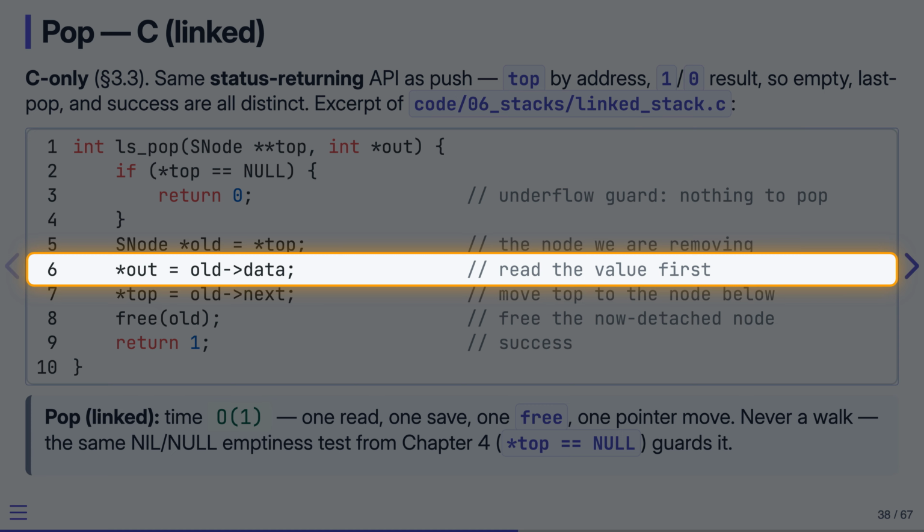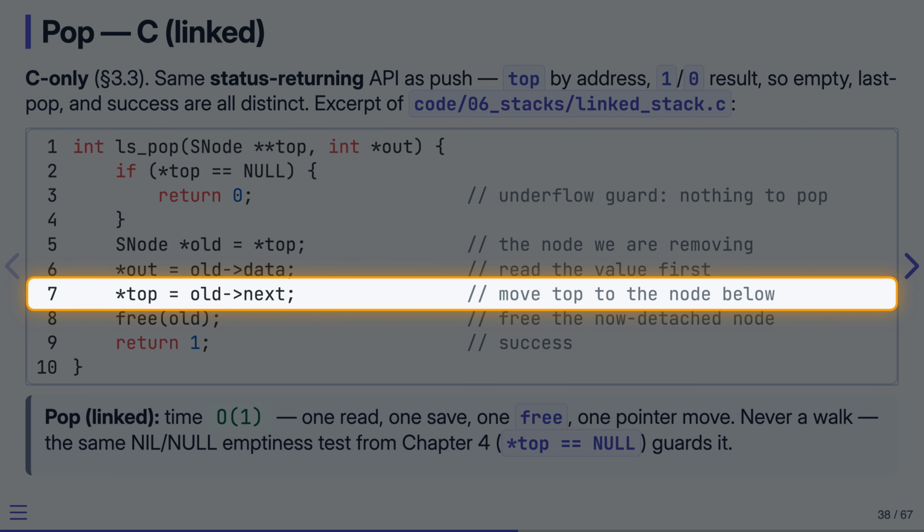Now we read the value. We set star out becomes old arrow data. This copies the top value out to the caller. Then we move the top. We set star top becomes old arrow next, so top now names the node below. Because we took top by address, this updates the caller's own top pointer.